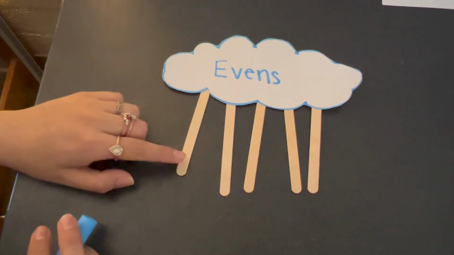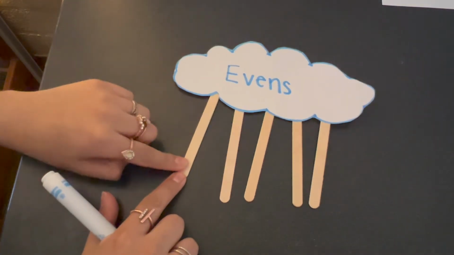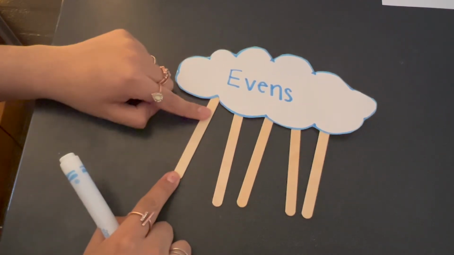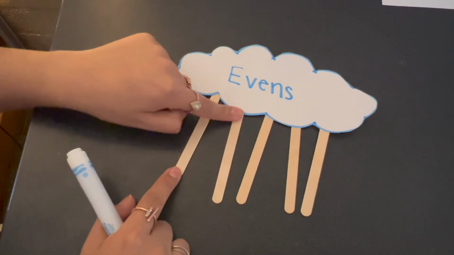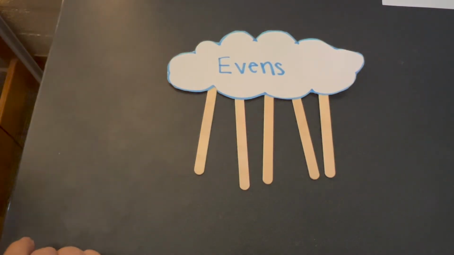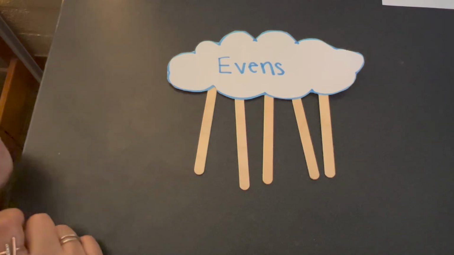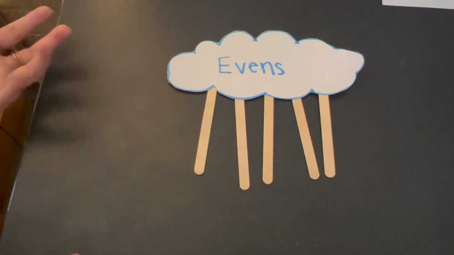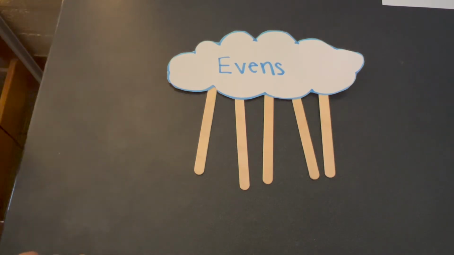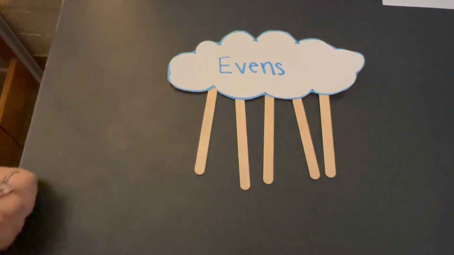Now that we have that done, we are going to put our numbers onto the popsicle sticks. So when you write this, you're going to write 2 numbers on each popsicle stick. So take some time and based off of what you just learned, write down 0 through 10, which ones are your even numbers. So remember, each popsicle stick gets 2 numbers.